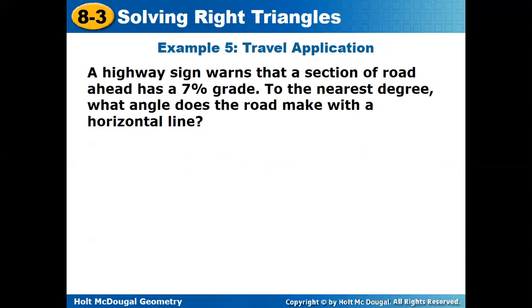Anyway, example number 5 and the last example in this session. A highway sign warns that a section of road ahead has a 7% grade. To the nearest degree, what angle does the road make with a horizontal line?